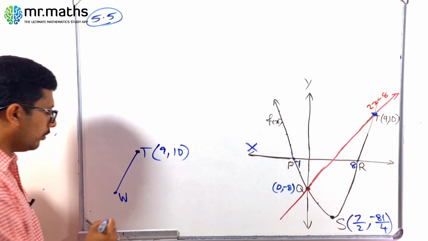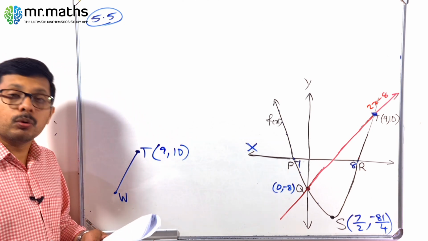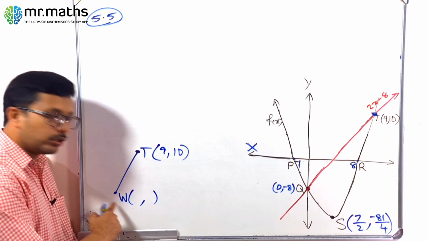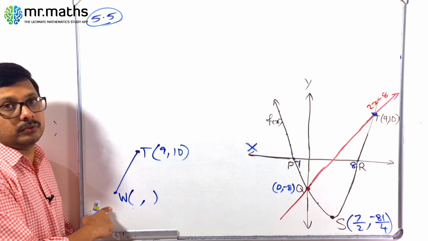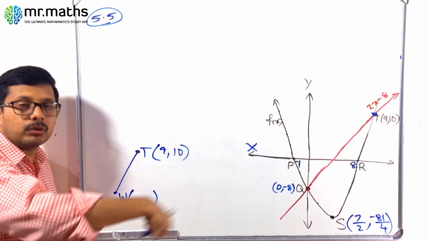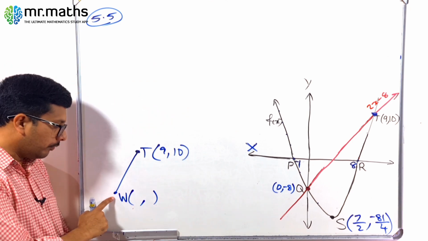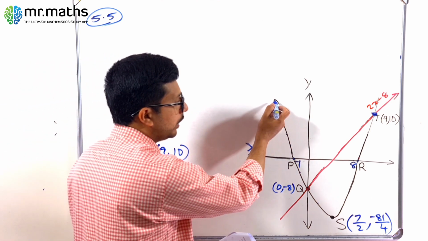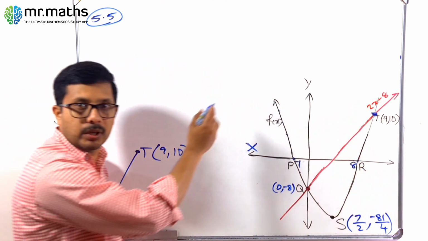But we don't know W. Determine the coordinates of the point W. That means you have to find the coordinates of this W. We don't know where this W is, but they are saying that W is a point on f of x, somewhere on this quadratic graph.